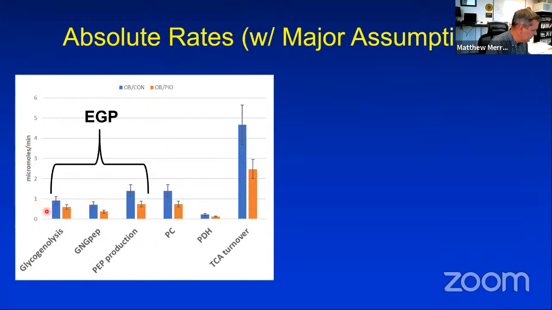So in micromoles per minute, this is a very fair way to process this data. So that drop in endogenous glucose production brings down all of these contributions once you go to absolute rates. So now we have to start making assumptions because we're not in steady state.